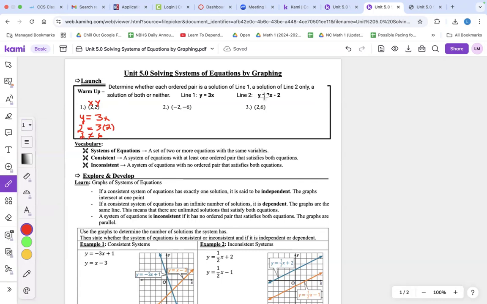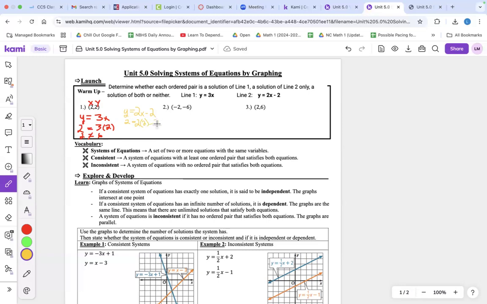Let's try the next one. Here, line 2 for the same thing. We're going to plug in. So here we have y equals 2x minus 2. Go here, plug in. For y, we have 2. Bring down this 2. For x, we have 2. Plug it in.